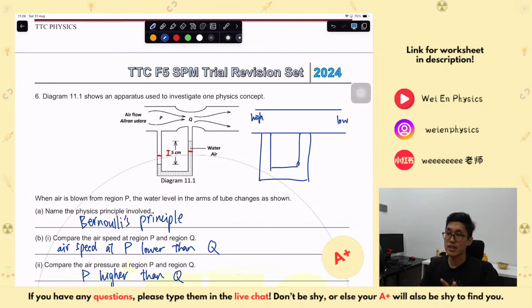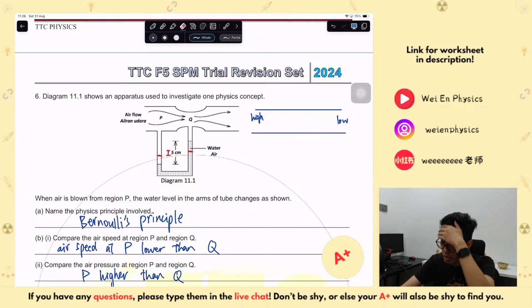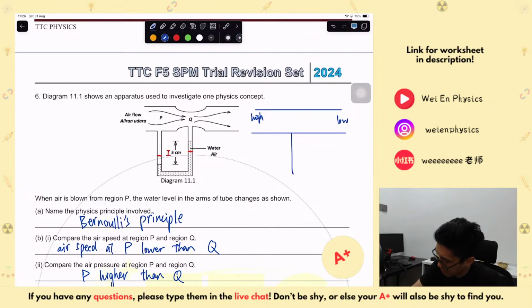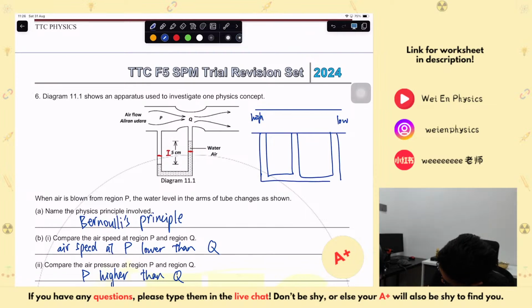Okay, the difference is when there are 3 portions. Just now, that's why I was confused. Because if you have 3 portions like that, and then I make the center one narrower, then this is what's gonna happen.